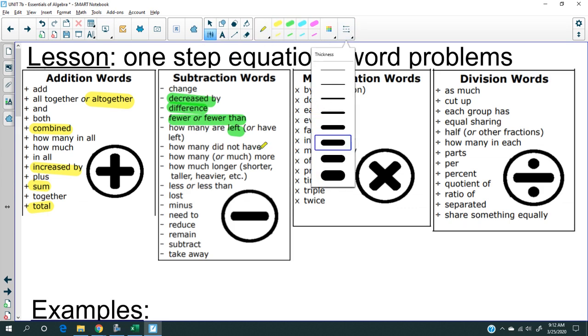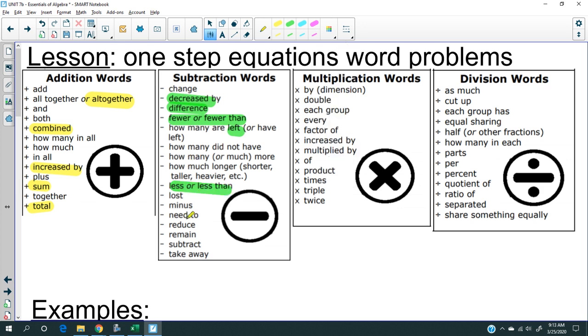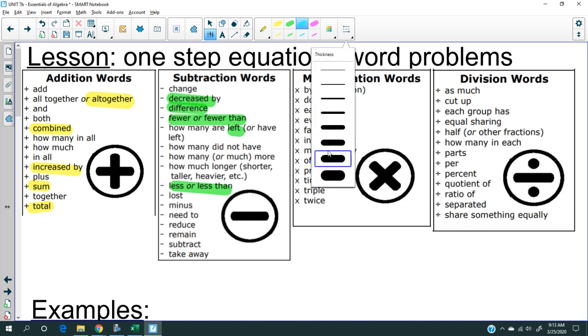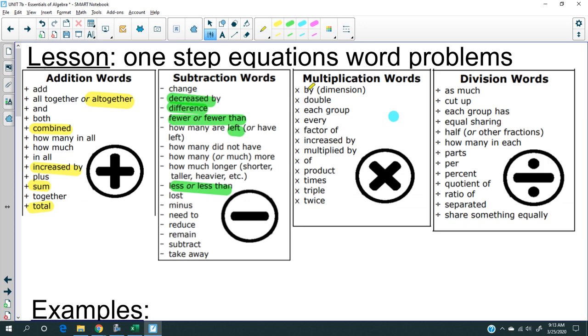So less than, I guess. All right. Moving on. Multiplication words. You guys already know, right? By, of. Product. You won't see that in an actual word problem all that much.